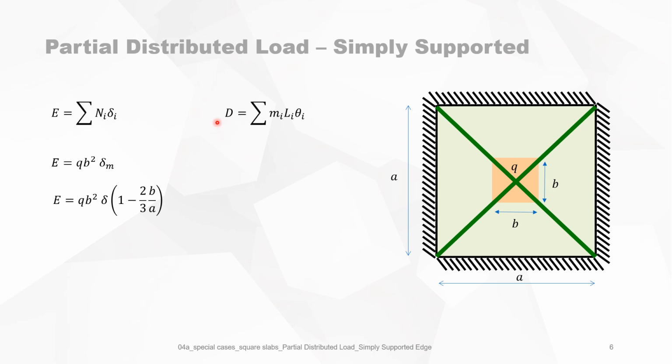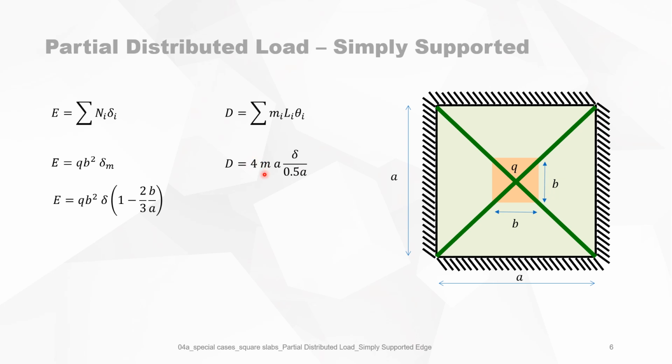The work done by the internal loads is then, of course, the integral or the summation of the plastic bending moments projected to the axis of rotation, which is L, times the angle of rotation. So D is equal to 4 times, because we have this yield line projected to this axis, and then we have that 4 times.